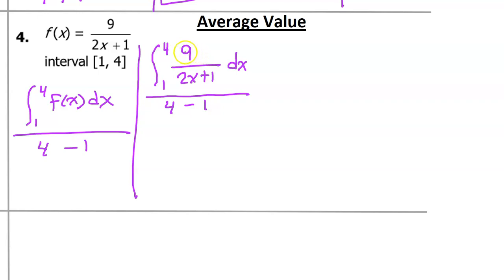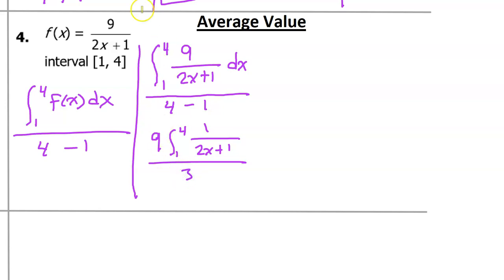We can take the numerator of 9, this constant, and pull it out in front of the integral. So then we will have 9 times the integral from 1 to 4 of 1 over 2x plus 1. Of course, 4 minus 1 is 3.